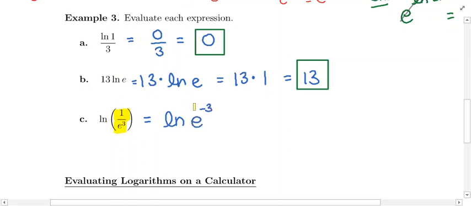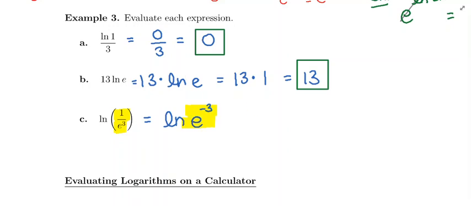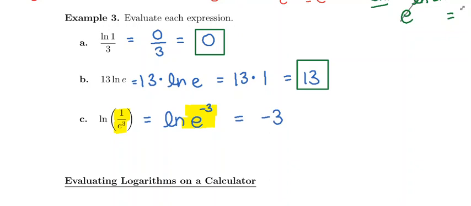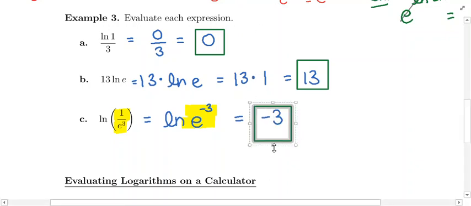So the things in yellow are equivalent. 1 over e cubed is the same thing as e to the negative 3. And now the ln and the e are side by side, and so they will cancel, and the answer is going to be negative 3. Again, if you're unsure, you could pop each of these into a calculator to get the answer, but it is very, very helpful to know these.